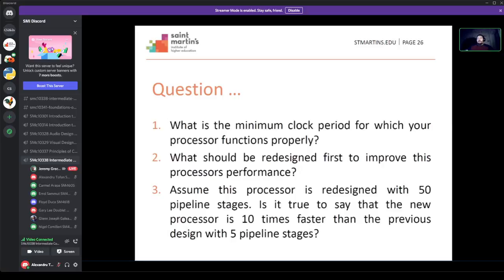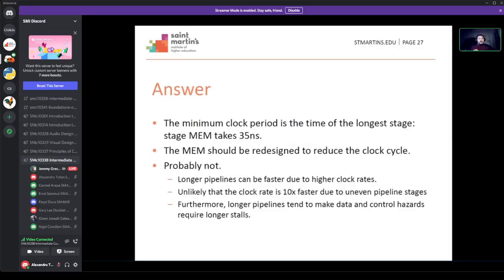So obviously, we can look at how we can actually improve the performance. Another question that you might be asked is if you had to redesign the same CPU with 50 pipeline stages, is it going to be 10 times faster than one which has 5 stages? This would be a probable answer.